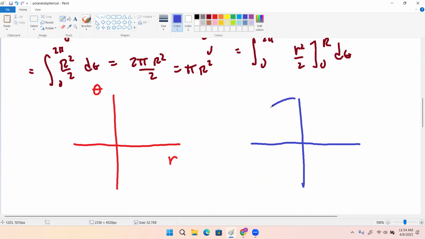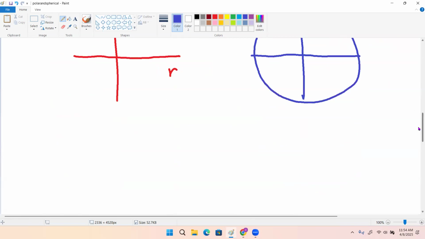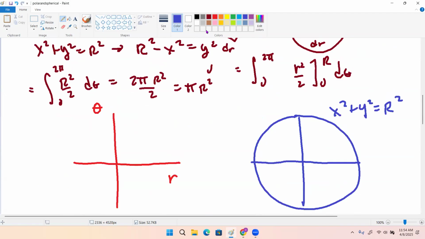And we know this circle right here, x squared plus y squared equals big R squared. Well, that's transformed into, I'm going to let this theta here be 0, and let's go up to theta equals 2 pi.